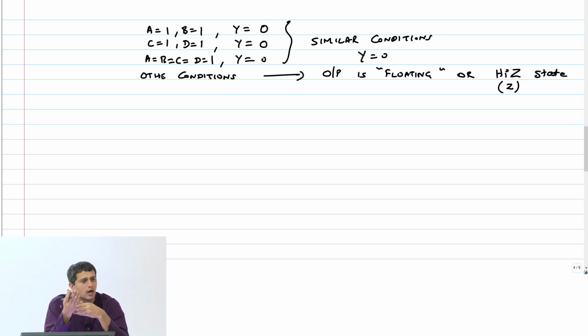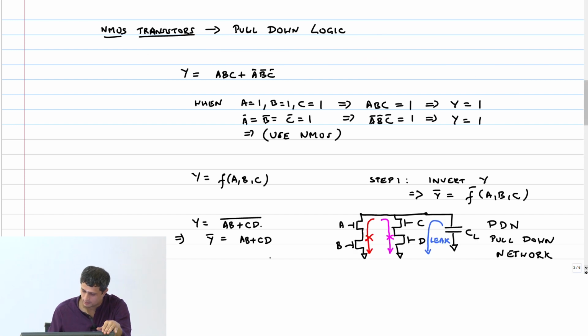In certain other conditions, I want the output to go high, right? So that I have not yet done. So if you take my thing where I inverted, I got f bar of A, B, C, right? Then I now need to do something in order to implement the pull-up stack, right? So what do you do there?